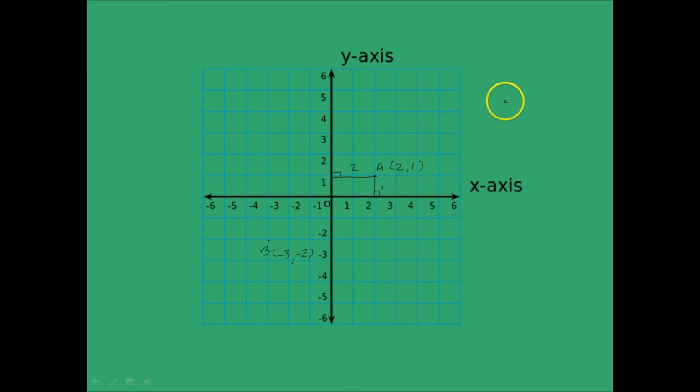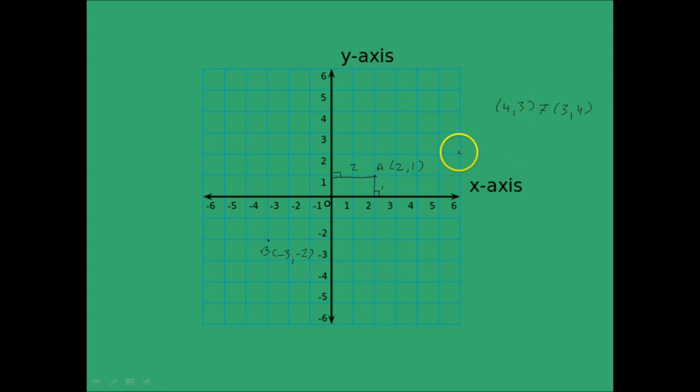Also keep in mind that the representation of points in coordinate form are ordered sets. So therefore (4, 3) is not equal to (3, 4), and I'll show you why.